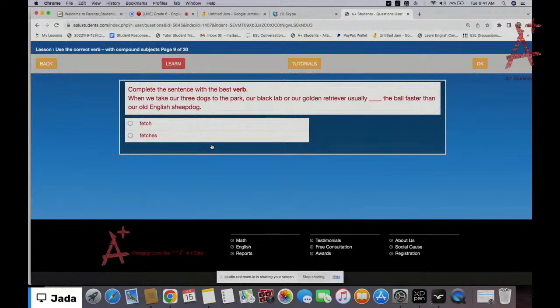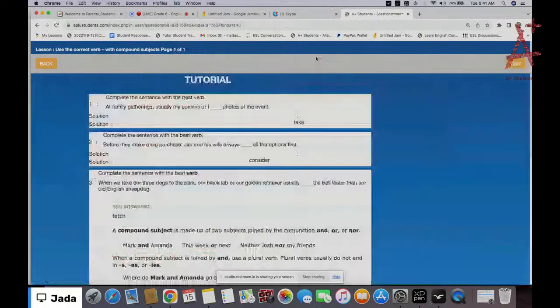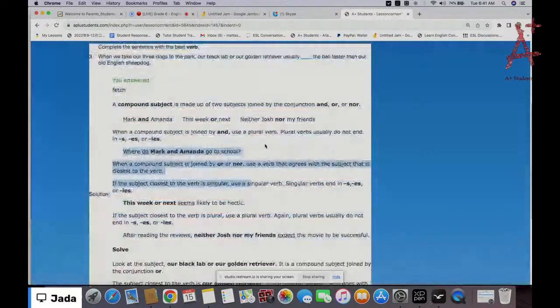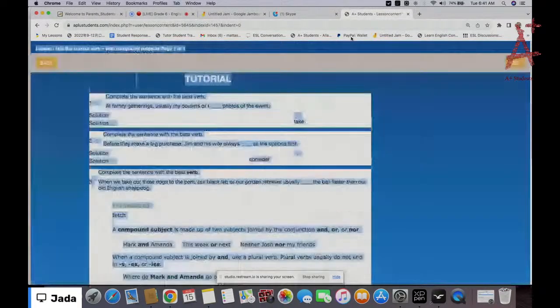Okay, so we've gotten to the ninth page. I do hope that you can finish the rest of the test. And if ever you get any wrong or it gets confusing, just click on your tutorials again, go through this, and read this again. Once you read this again, you can try to answer your test.